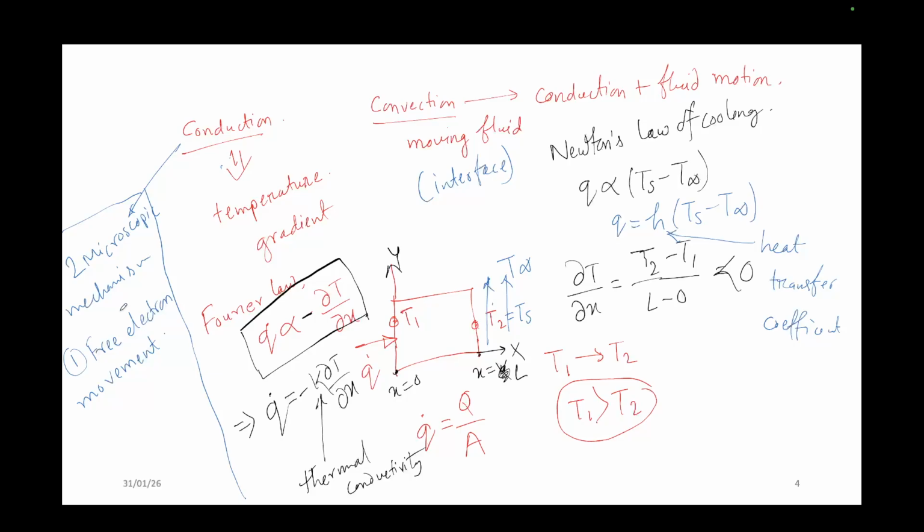So an electron gains energy. If this is a metallic rod and I am applying heat, the electron at this end is gaining energy because of this heat, and as it is gaining energy, it will try to transfer the heat to the colder end, because that is the thermodynamic law.